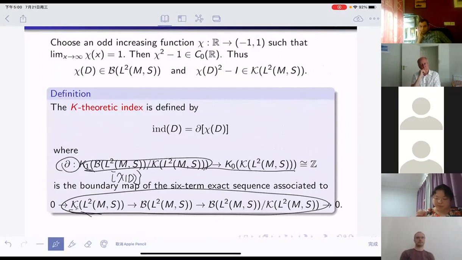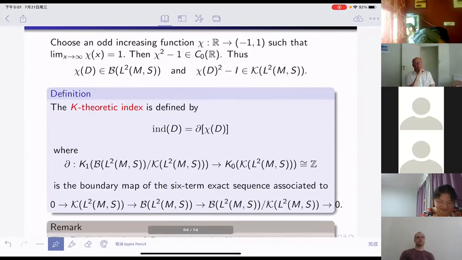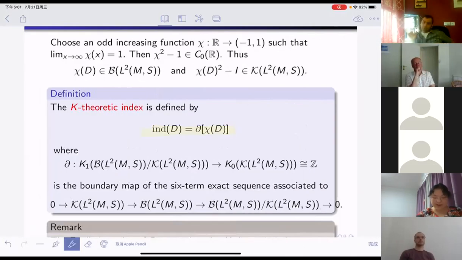Using the connecting map, one can show that this element lands in K0 of the compact operators, which is isomorphic to Z. When we define this boundary map applied to the functional calculus normalization of D to be the K-theoretic index, it turns out that this K-theoretic index is exactly the Fredholm index.